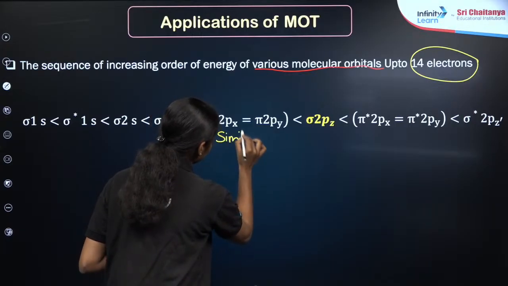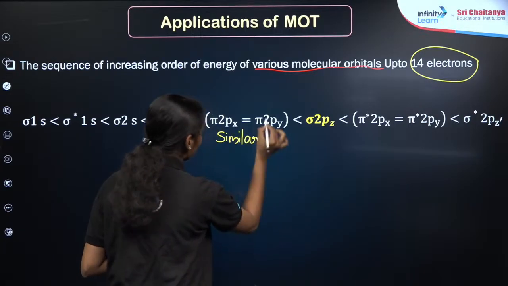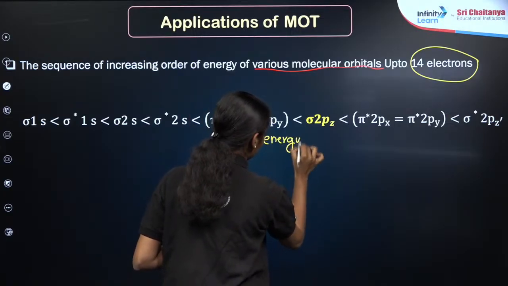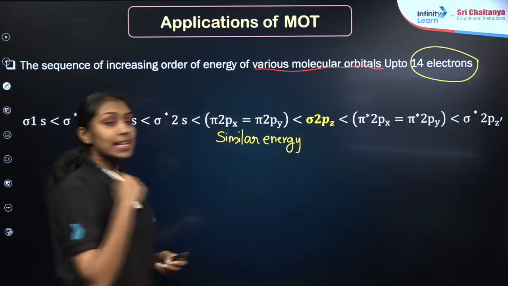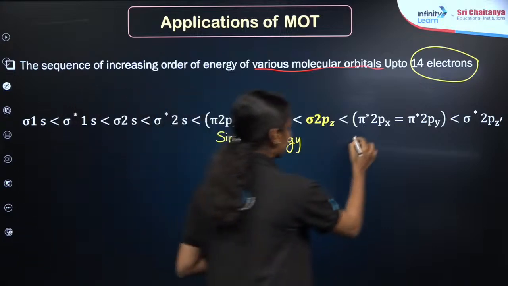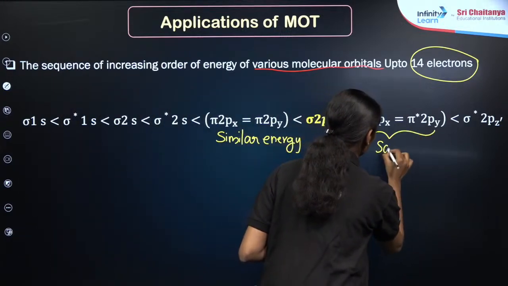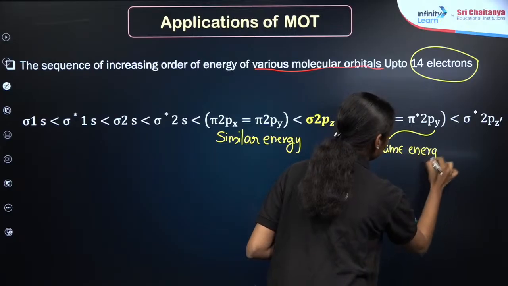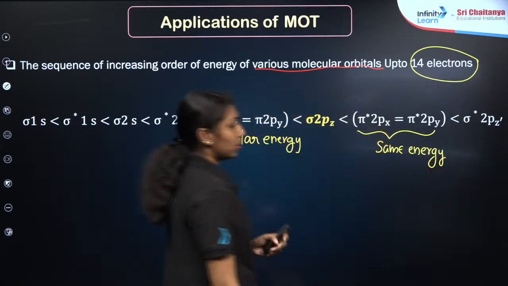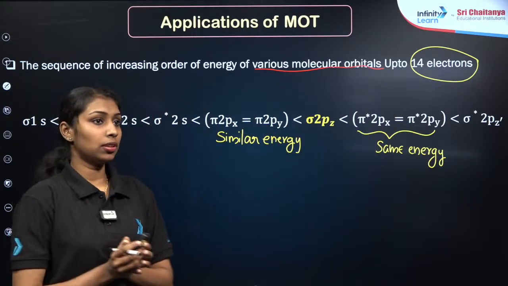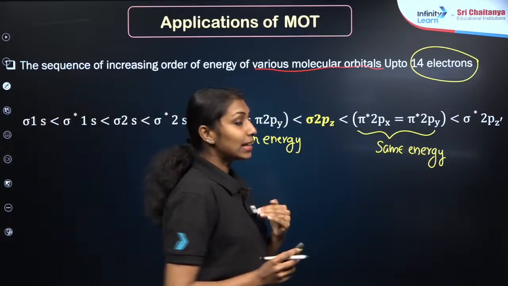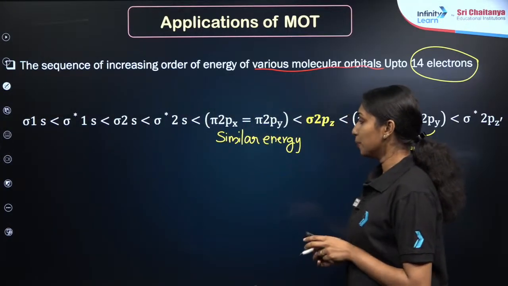That is why it is written with an equal sign. Then sigma 2pz, then pi star 2px, pi star 2py, again similar energy. The last one, sigma star 2pz, right? This is very important while writing the molecular orbital electronic configuration of different molecules, right?